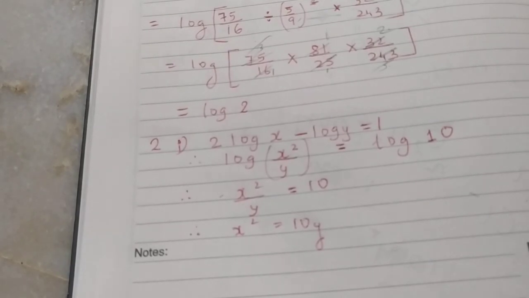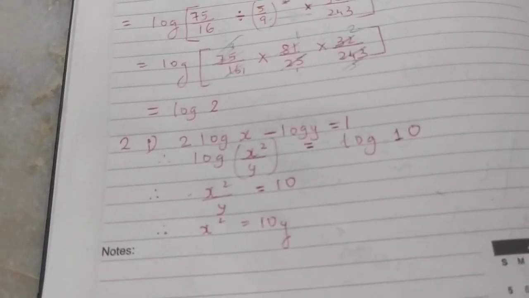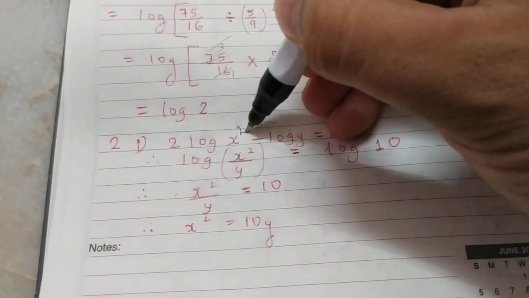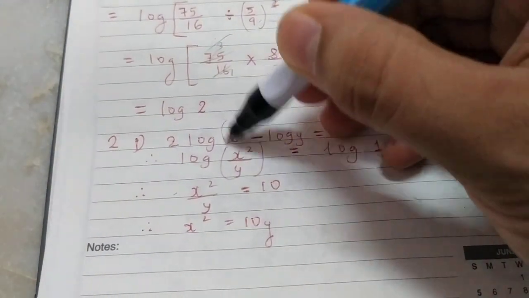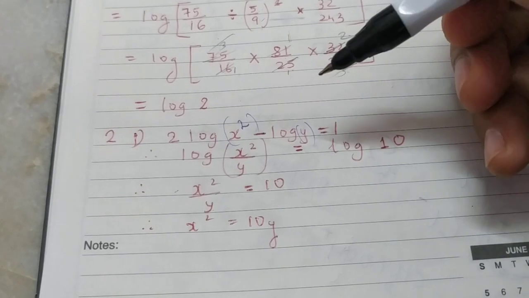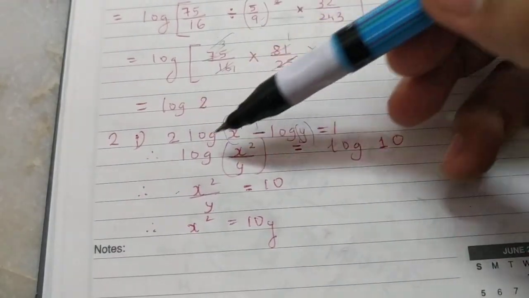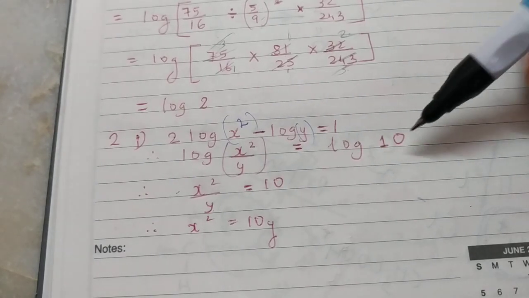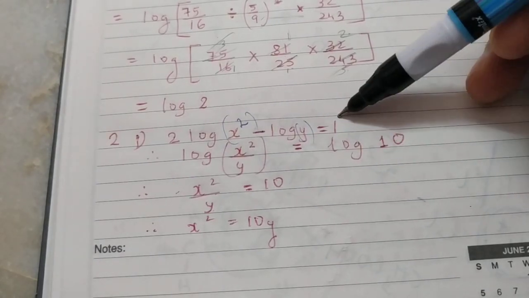So, first thing we'll do here is this square will become a power out here, and subtraction means division of this and this. Only then can we have a single log on LHS, and a single log on RHS can be written as log 10 because log 10 is always 1.